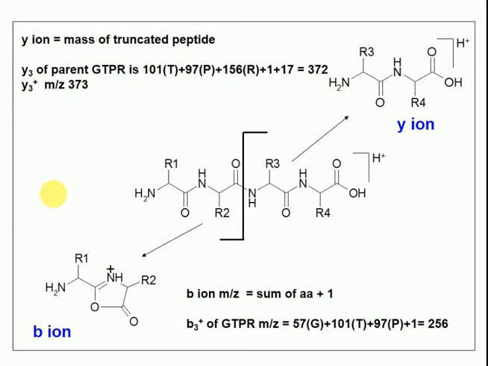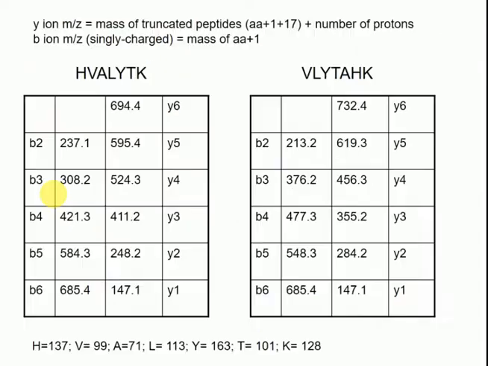So we were saying, what's the problem with the peptide mass fingerprint? The problem is that we don't get sequence information. We get sequence information if we do the fragmentation, if we do the CID. So, for example, if you've got these two peptides here, which would appear identical in a peptide mass fingerprint, because they've got the same amino acids, so they've got the same intact mass, but their fragments, as you can see, are different.